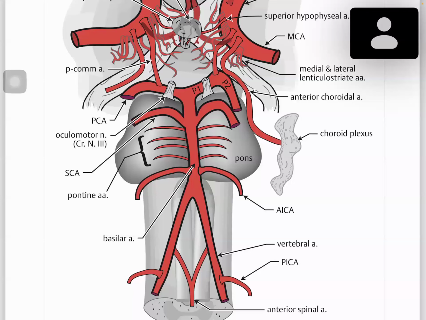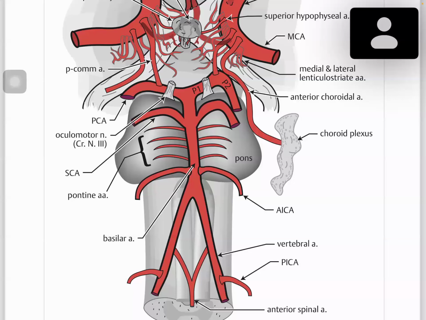The AICA takes a sharp turn behind and passes really next to the cochleovestibulofacial bundle, and is usually responsible when it is too close to this structure, or if there's an aneurysm at this junction that's really next to the internal auditory canal, where this bundle enters the internal canal.